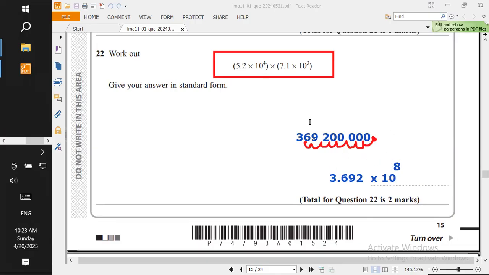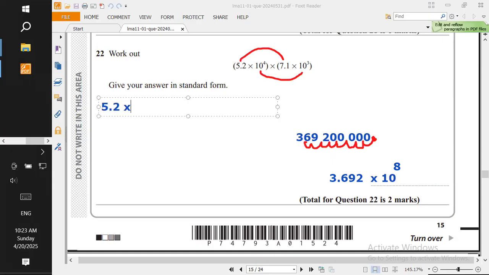Now, as I said, this is the fast method of multiplying the numbers and then turning the result into standard form. Now, let me show you the other method. The other method is putting these in order, because it's multiplied. It means you can multiply this by this and multiply this by this. When you write it in order: 5.2 times 7.1, and then times 10 power of 4, and times 10 power of 3.